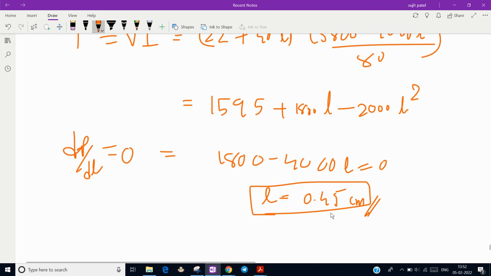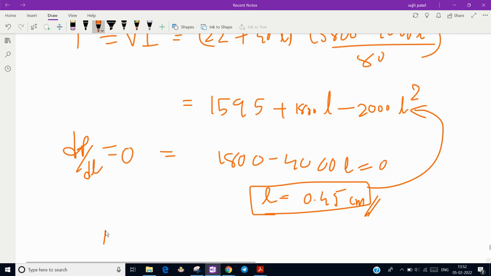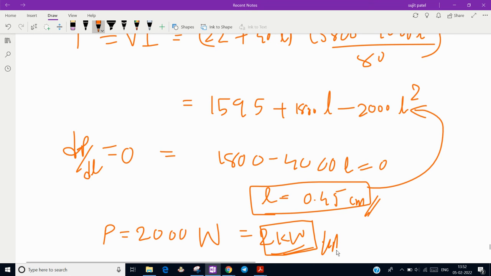But the unit is given in centimeters, so you have to write in centimeters. Now put this value of L in this equation, and you will get power as 2000 watt or 2 kilowatt. This is the answer, the corresponding power at this arc length.